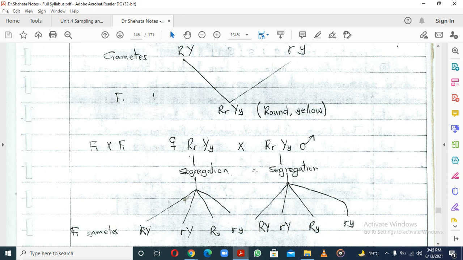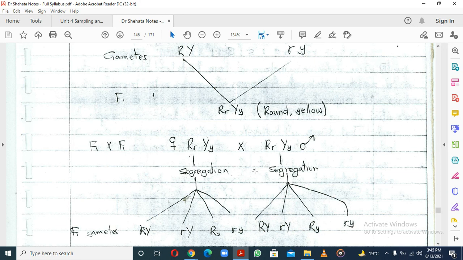So you write that, or it can be capital R and lowercase y. So then you are done with the possible gametes from the capital R, the dominant allele.